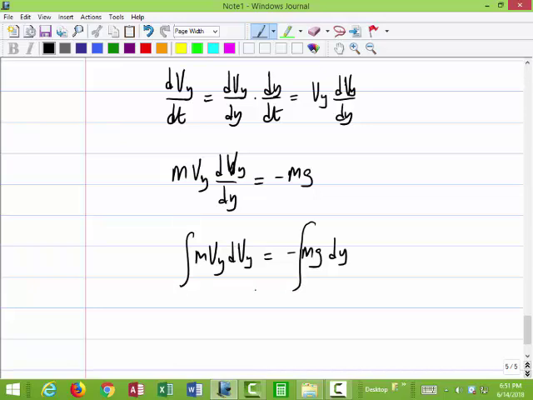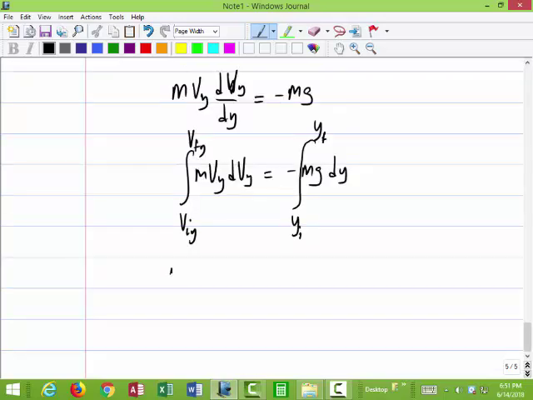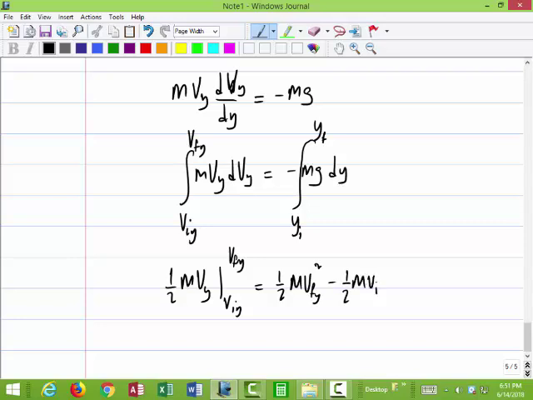So the integrals go from v initial y to v final y, y initial to y final, and this leads to half m v_y, then we have v initial y, v final y, and that will give us half m v final y squared minus half m v initial y squared, and that should be equal to minus mg y, y initial to y final, and that will give us minus mg y final plus mg y initial.